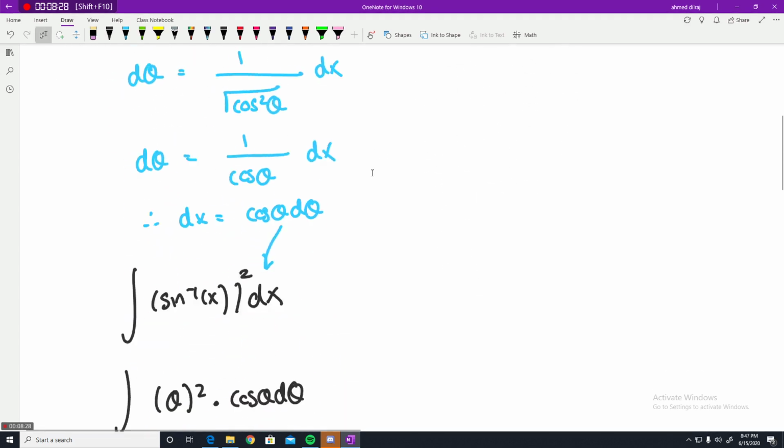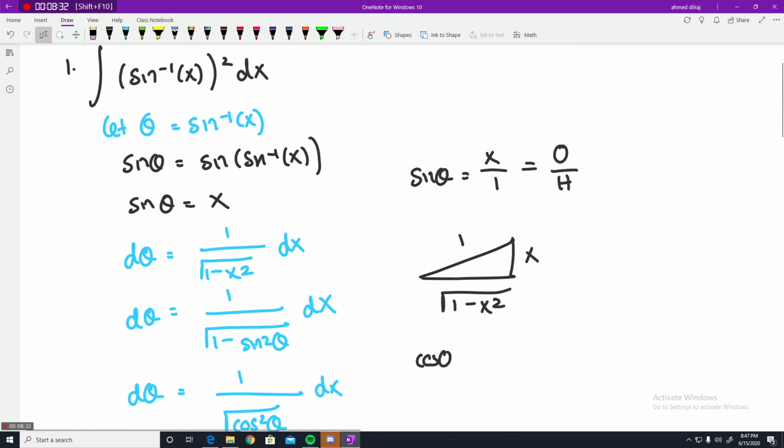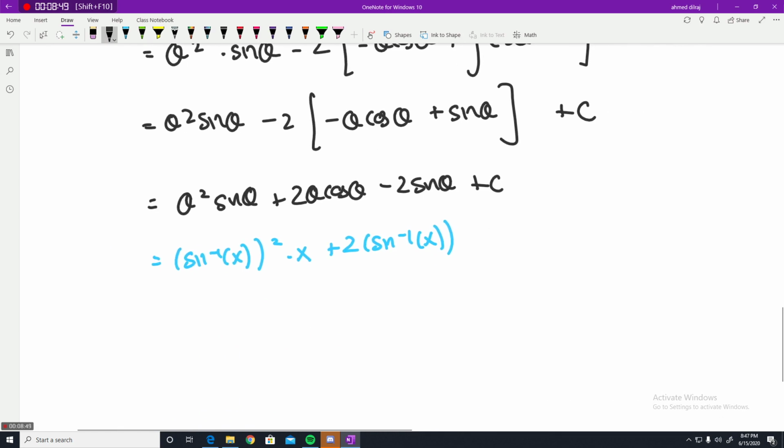So by looking at this, we can say that cos theta, where here's theta, is the adjacent over the hypotenuse. In this case, the adjacent is square root of 1 minus x squared on 1. So cos theta is square root of 1 minus x squared. So now we can replace this with times square root of 1 minus x squared.